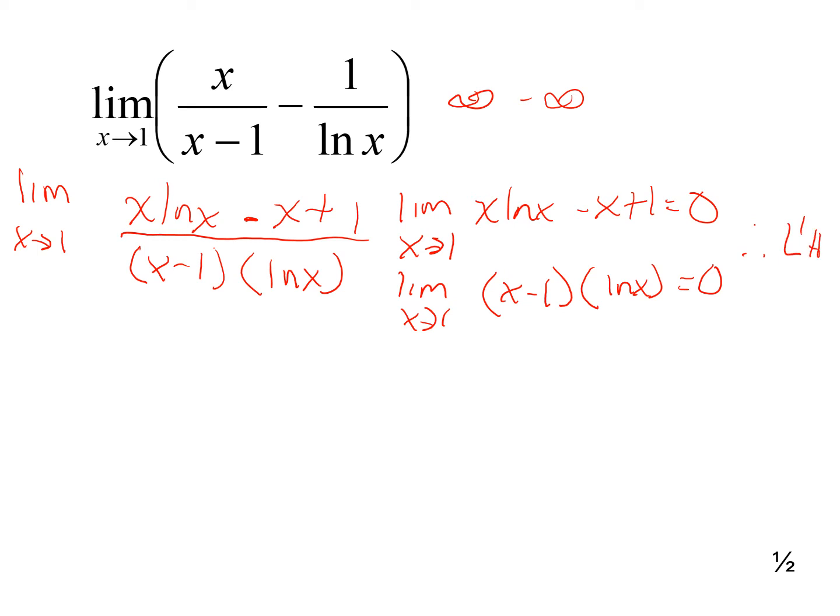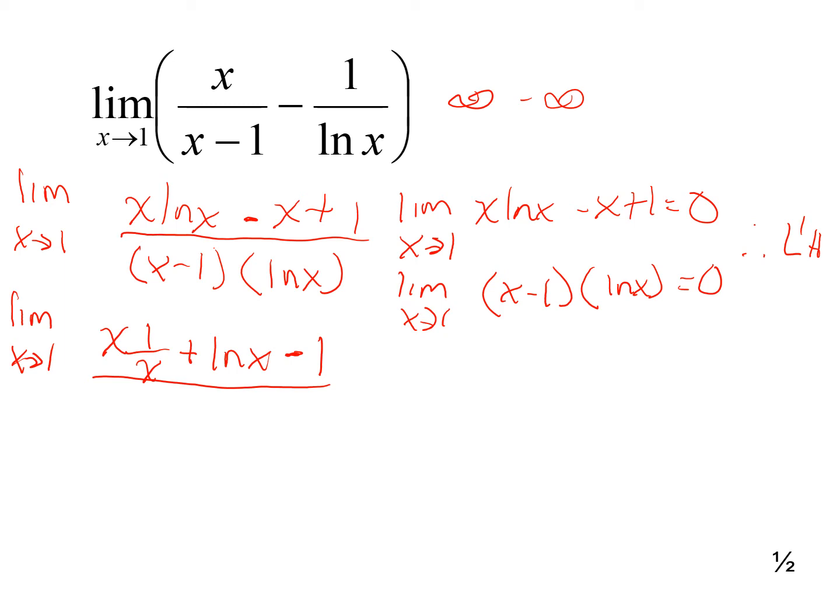Okay, so now that I know how to use L'Hopital, I'm going to take the derivative of the numerator. So I'm going to have the limit as x approaches 1. Take the derivative of the numerator, so I have to use product rule. I keep x the same, and then I get 1 over x, plus I take the derivative of x, which is 1, times the natural log of x, minus 1 over x times the natural log of x.